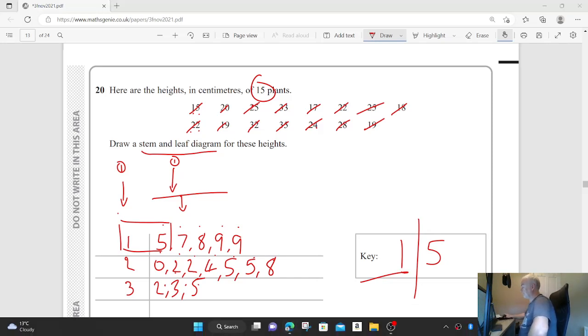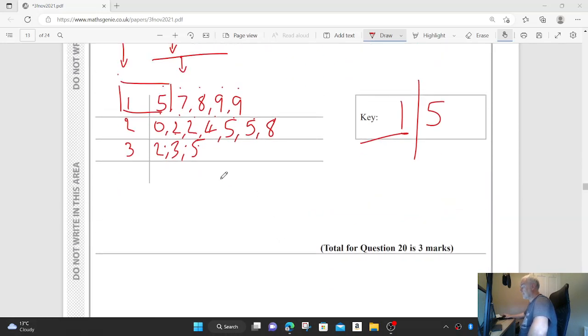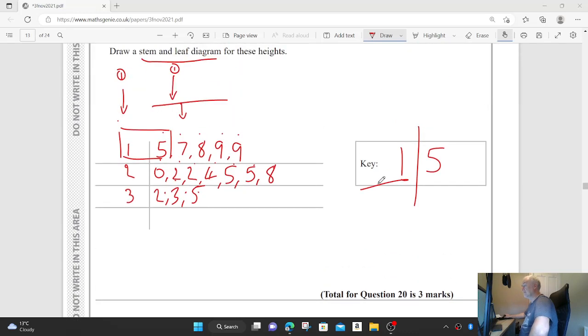We've taken all the values, put them in, and this is 15, 17, 18, 19, 19, 20, 22, 22, 24, 25, 25, 28, 32, 33, 35. And that's how stem and leaf works.